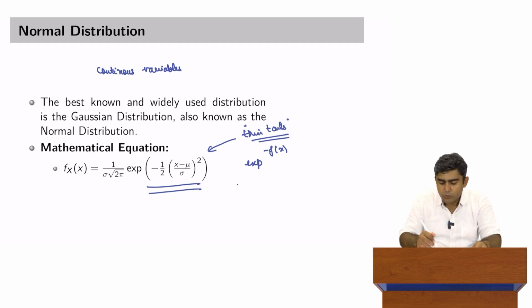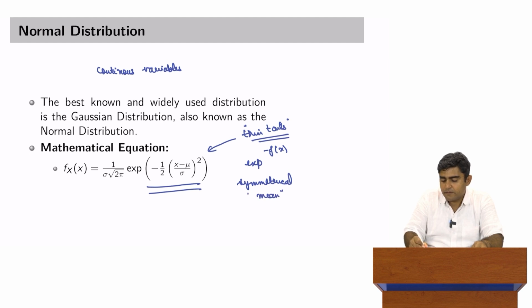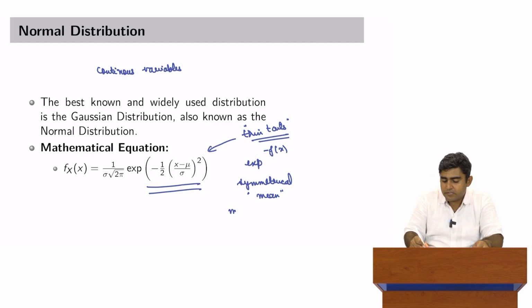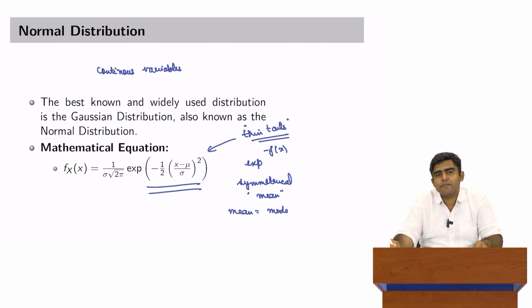Also, if you notice, it's a square function in x. That means it is symmetrical. And this indeed is symmetrical around the mean. Since this is symmetrical around the mean, the density of normal distribution is maximum at the mean itself. And if density is maximum at the mean, that means that its mean and mode also coincide.